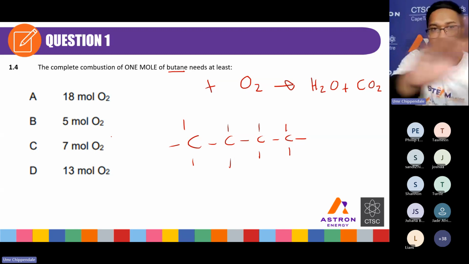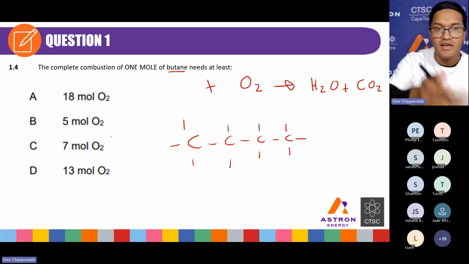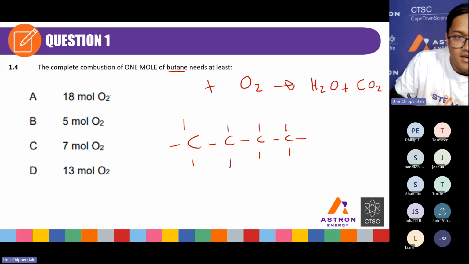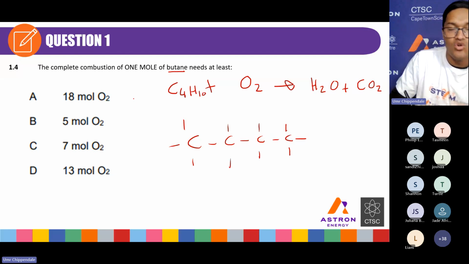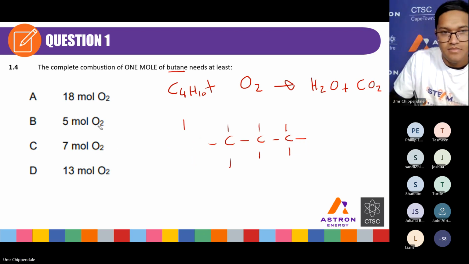Now, I'm not going to write all the other hydrogens out. I just showed you where the hydrogens will be. So that means for butane, it will be C4H10. You could also just go with the general formula CnH2n+2, because it is an alkane. So we know that is our initial formula that we need, right?